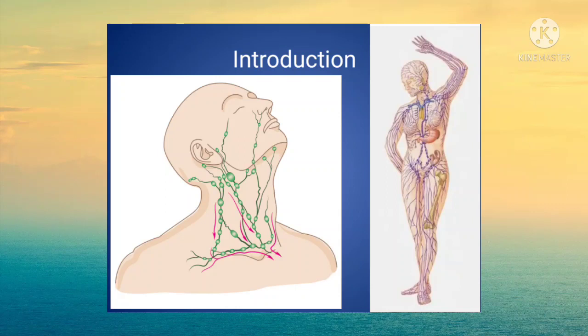The outer circle forms a pericervical collar at the junction of head and neck, and it is made up of lymph nodes extending from the chin to the occiput. The inner circle surrounds the upper part of the respiratory and alimentary passages and includes pretracheal, paratracheal and retropharyngeal nodes.